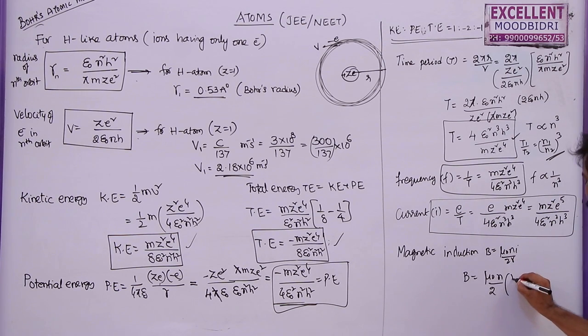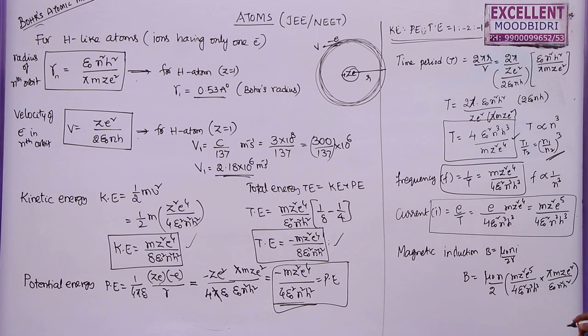I is equal to m Z square e power 5 by 4 epsilon naught square n cube h cube into this r. You have to write r here when it goes up. r is equal to epsilon naught n square h square by pi m Z e square. You can write this as pi m Z e square by this r value, epsilon naught n square h square.